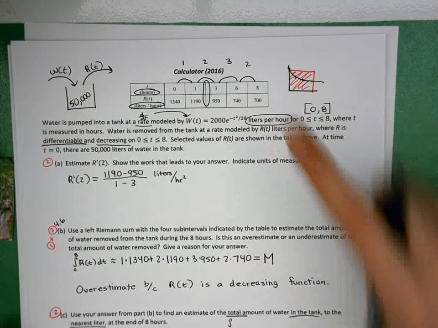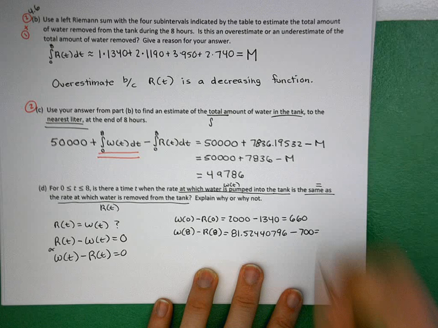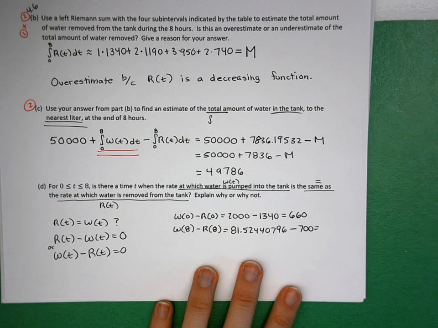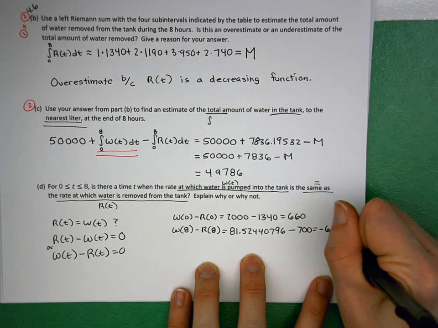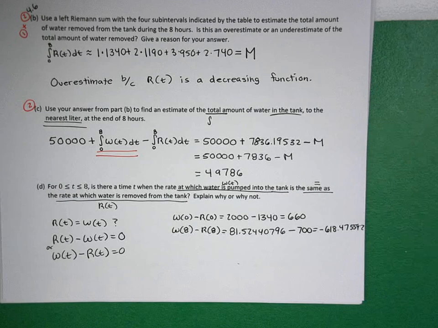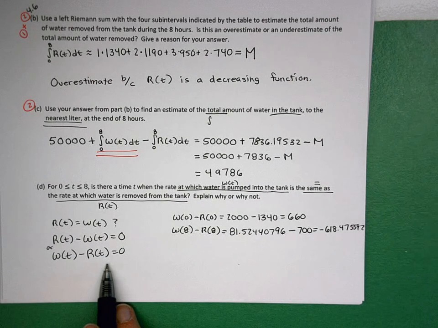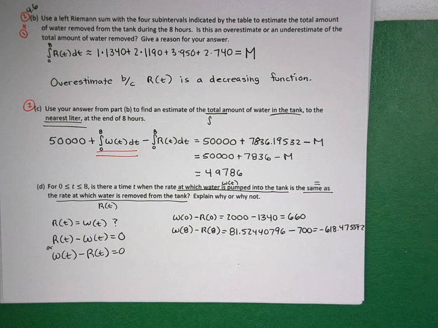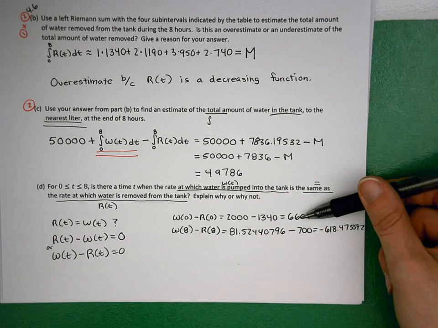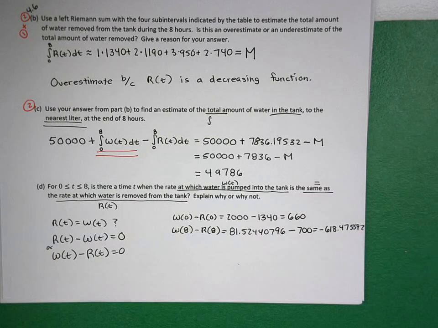Okay, that would give me negative 618.475592. Okay? I know, therefore, that my w of t minus r of t, or my r of t minus w of t, has to equal 0 because I was originally at 660, which is some positive number, and then I was at negative 618, which is some negative number. And so I had to have passed through 0 there.